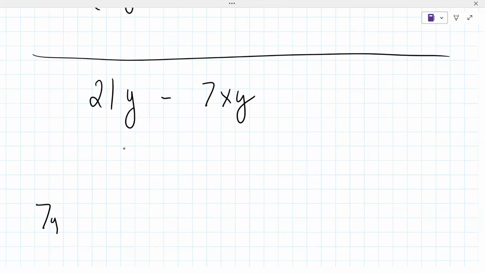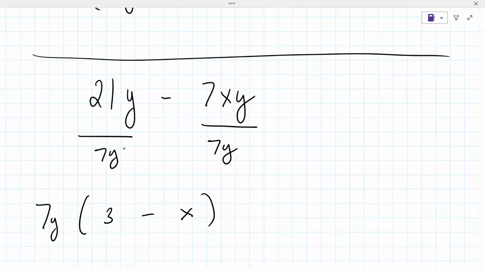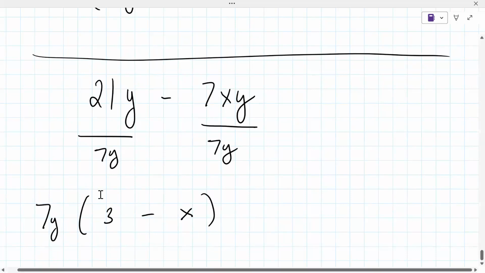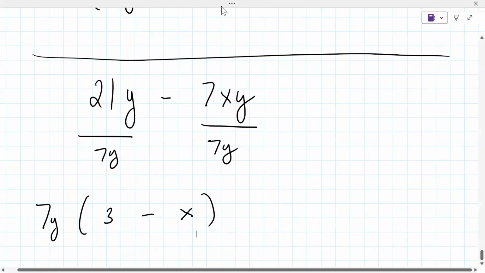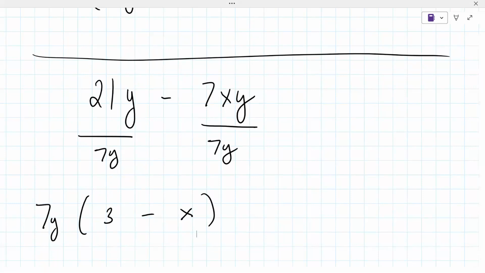It's 7y this time. Does that look okay to you? It would be 3y minus xy. I feel like you're not hearing. That's okay. Let's go ahead and stop here for tonight.